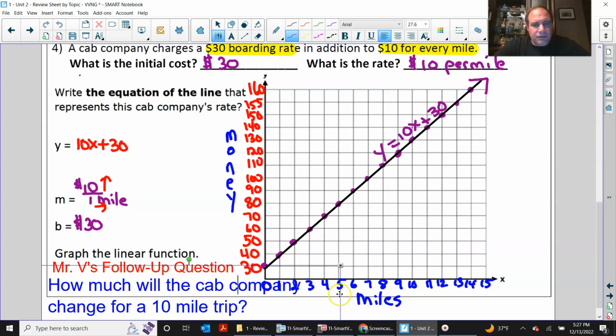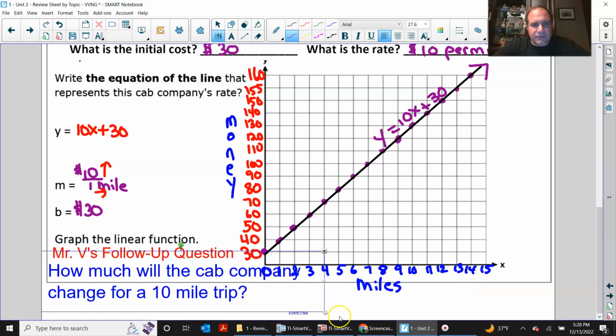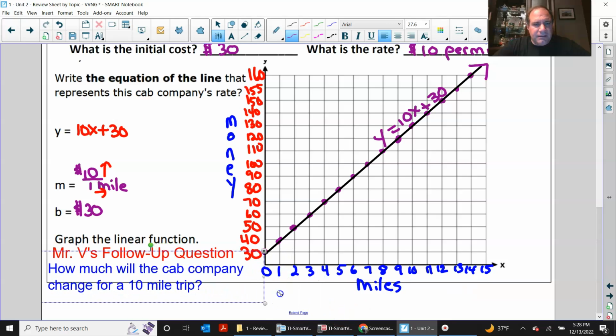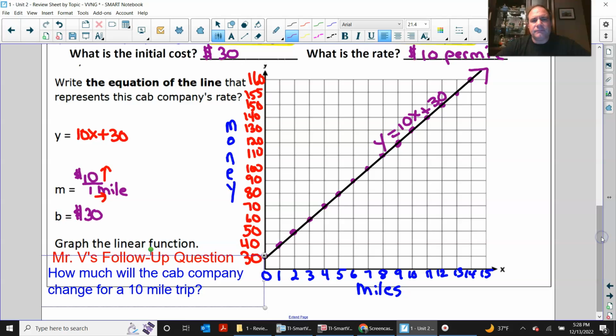So we're going to look at our graph to help us out on this one. So let's go ahead and see if we can get this perfect. And it's not going to be perfect, but it is good enough. All right. So let's go over to 10 miles. Draw a dotted line up from 10.